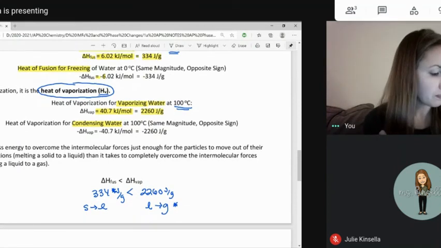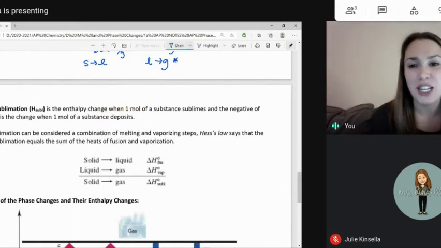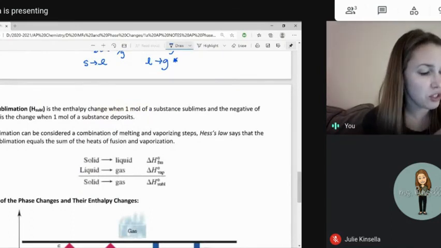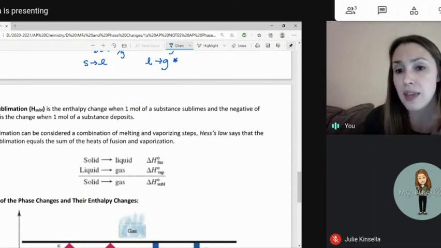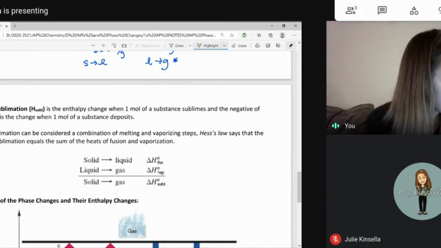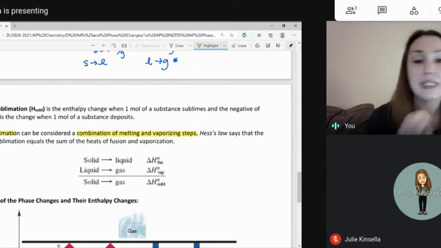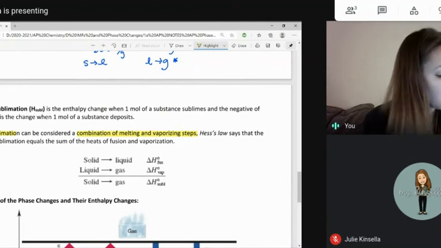One other piece tied in with heat of fusion and heat of vaporization has to do with heat of sublimation. I would put a big star next to this to make sure you go back over it. The idea is that since sublimation is considered a combination of melting and vaporizing steps, Hess's law, which we're going to talk about in a few weeks, says that the heat of sublimation is equal to the sum of the heat of fusion and the heat of vaporization.